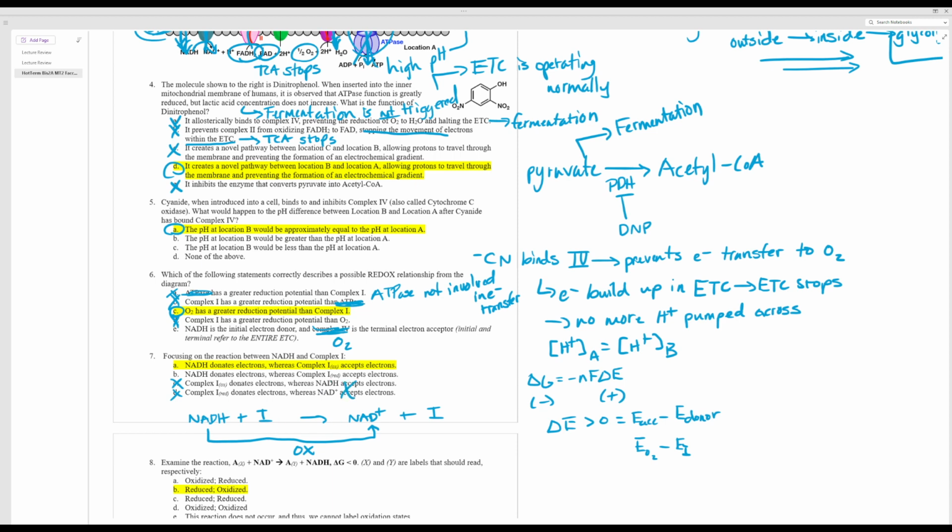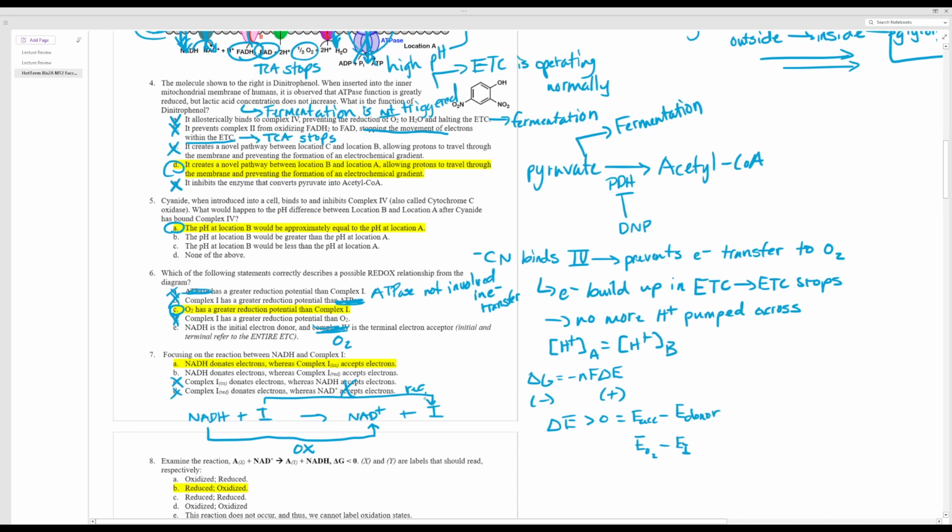Now we need to decide, is complex 1 in an oxidized or reduced state? If complex 1 is taking part in this redox reaction and we have an oxidation, we must also have a reduction, which means complex 1 is undergoing a reduction, so as a product it must be reduced. It's gaining these electrons.